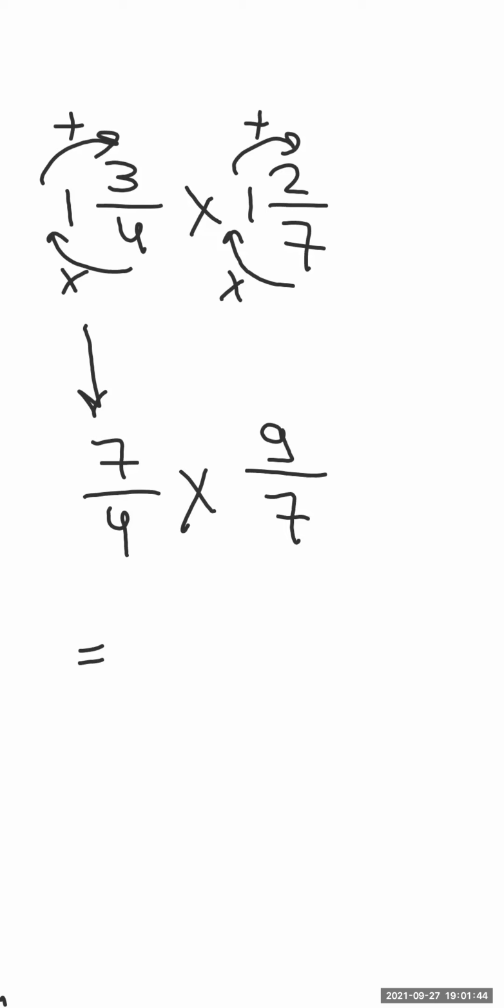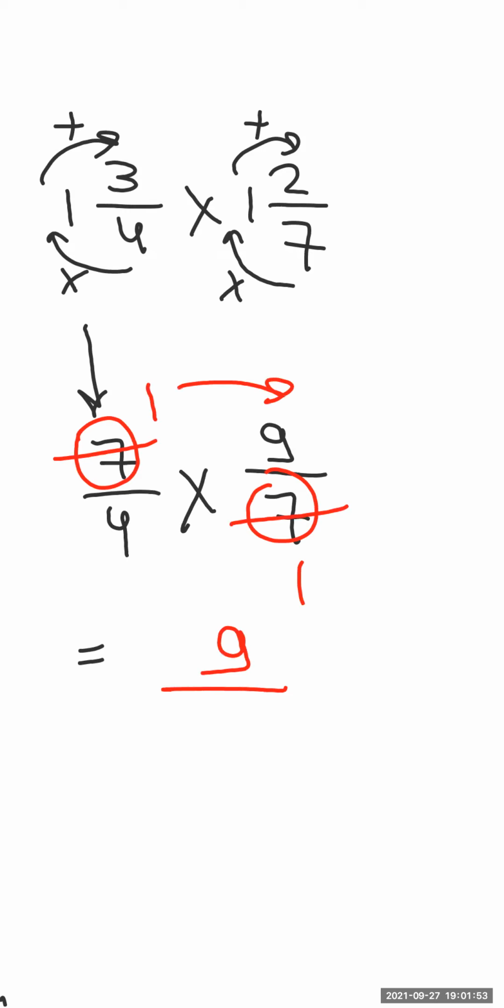Now we can simplify this 7 and this 7. Divide the two numbers by 7. 1, 1. So 1 times 9 means 9 over 4 times 1 equals 4. That's it. So first we have to convert the mixed number into an improper fraction, then go ahead and multiply the numbers. Is it clear?